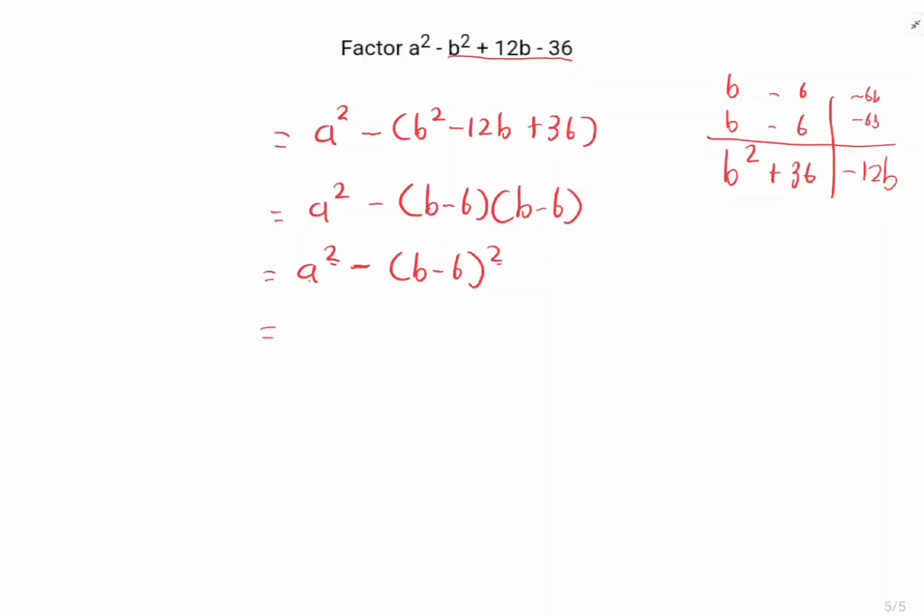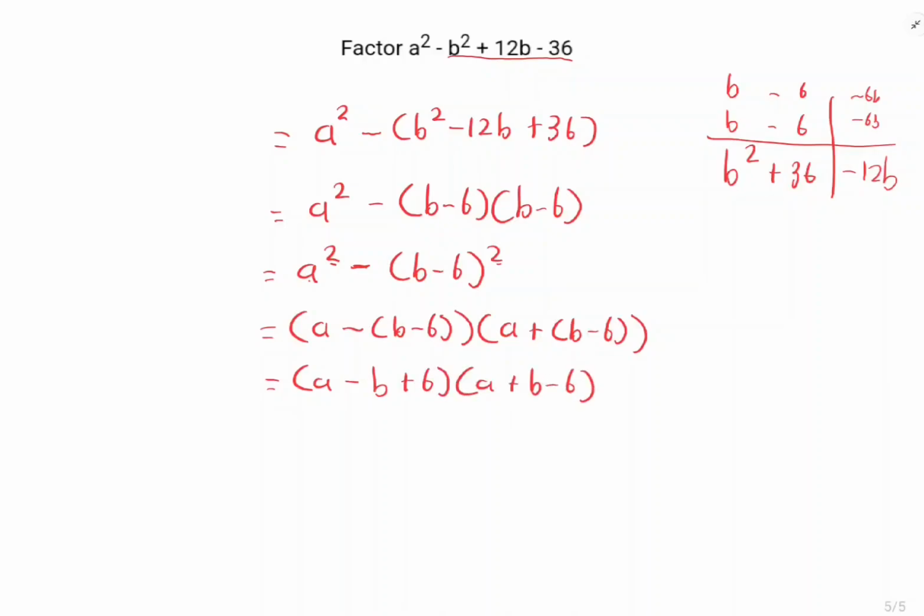With difference of 2 squares, take the first term, use a negative first, and then the second term, now you use the positive, while keeping the terms as is. When we further simplify this, it's going to be a minus b plus 6, a plus b minus 6.